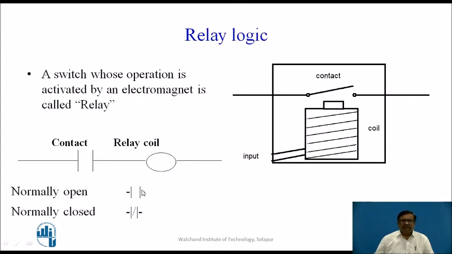But we can construct a contact which is normally closed as well. So, when no current is flowing through the coil, the contact is closed, and when current is flowing, the contact becomes open. This type of arrangement is available with the relay logic.